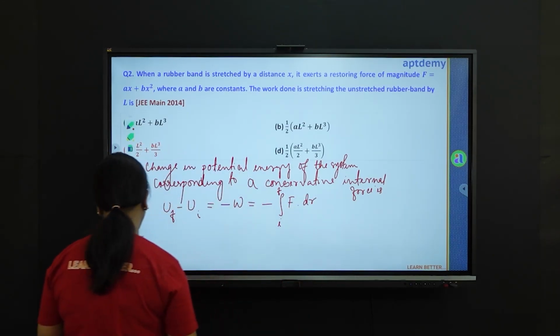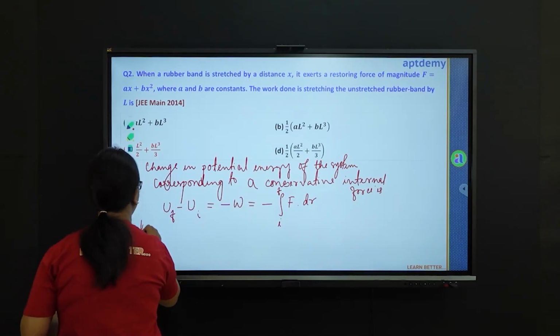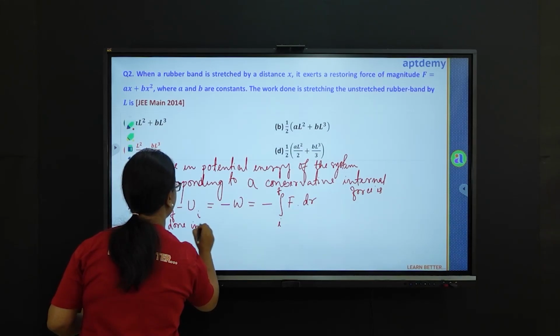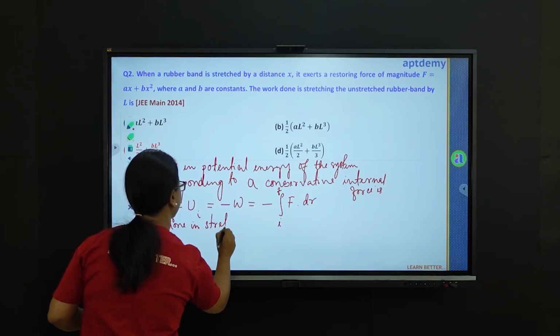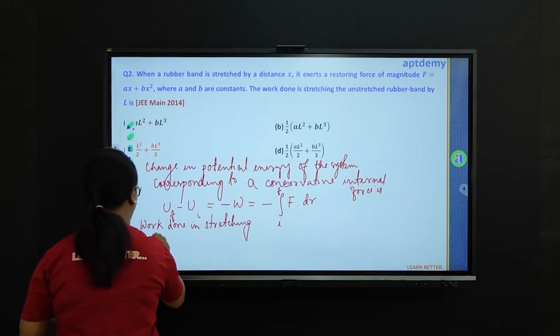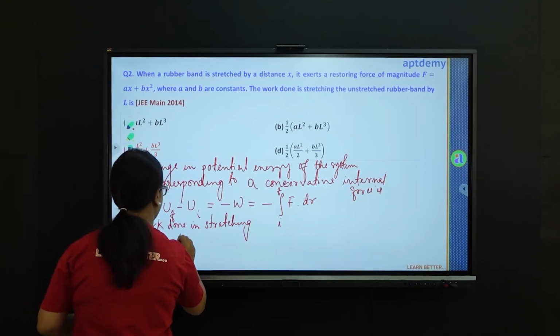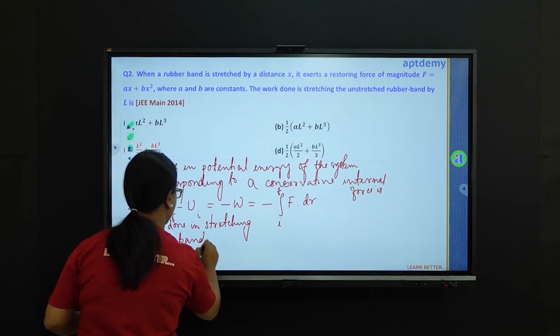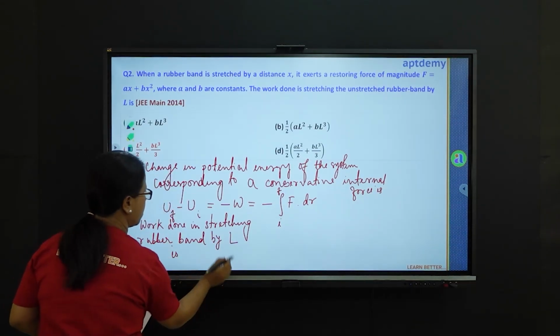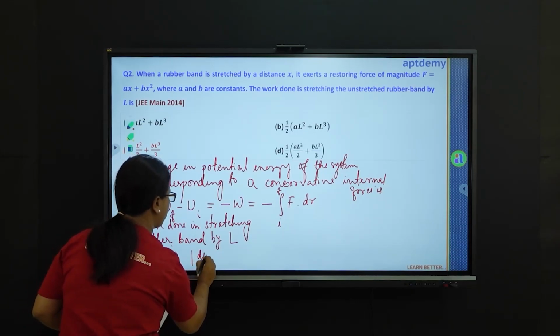Now we have the value of F here, so the work done in stretching the rubber band by L is, we need to find out the magnitude.